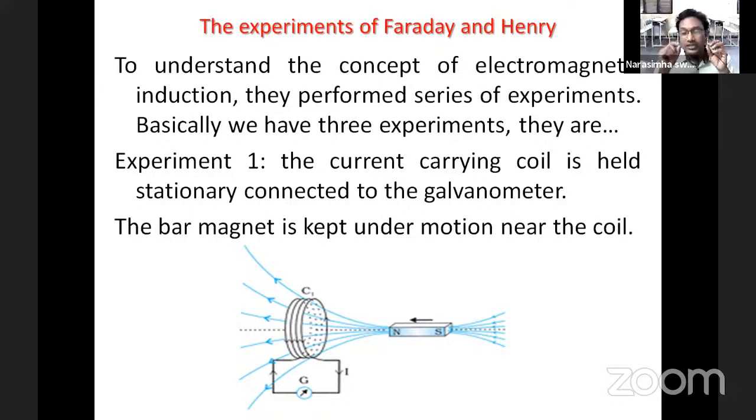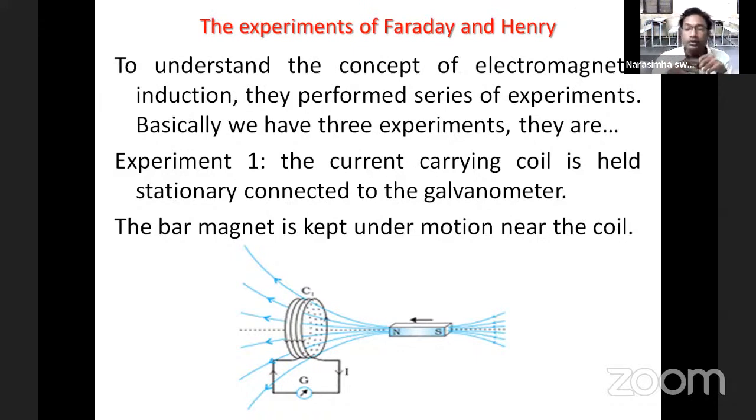Due to this magnetic force, the electrons in the conductor are aligned to move in a particular direction. If all the electrons move in a particular direction, the current will automatically be generated.